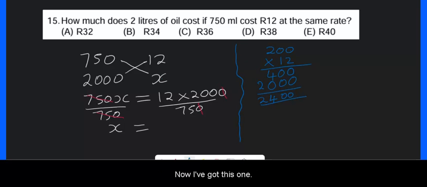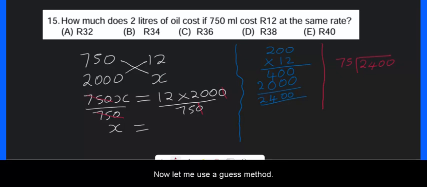Now I need to divide this by 75, so I can use a division. 75 divided by 24,000. Does 75 go into 24? No. Does it go into 240? I think yes.